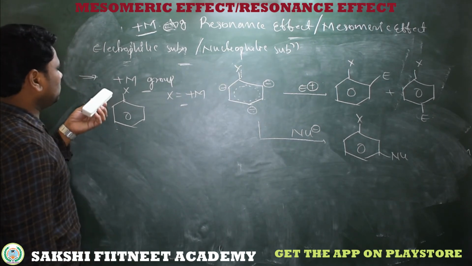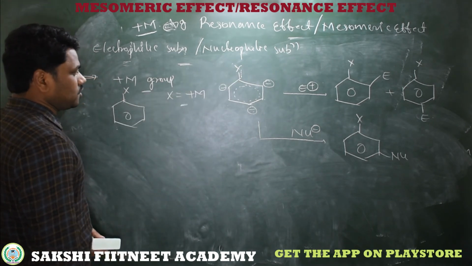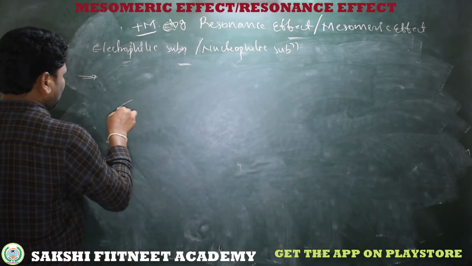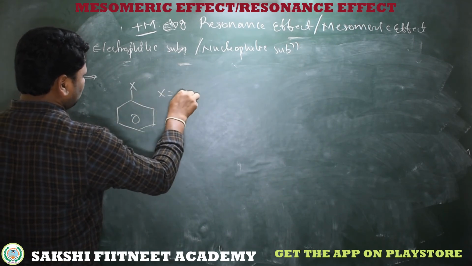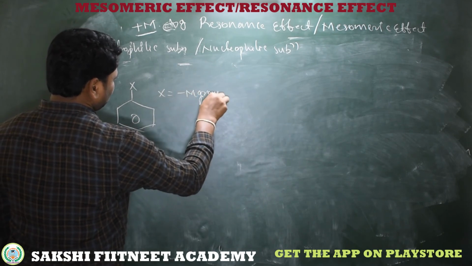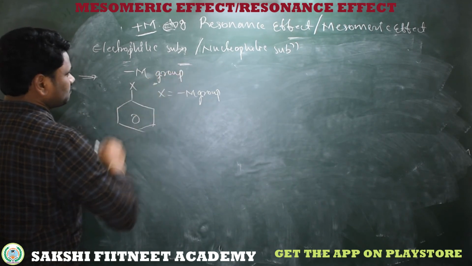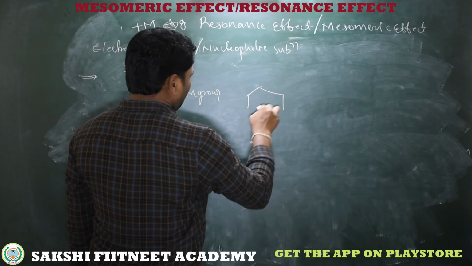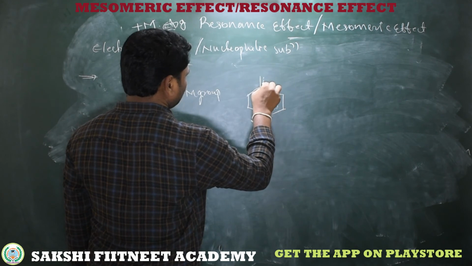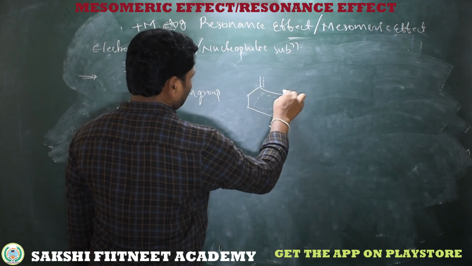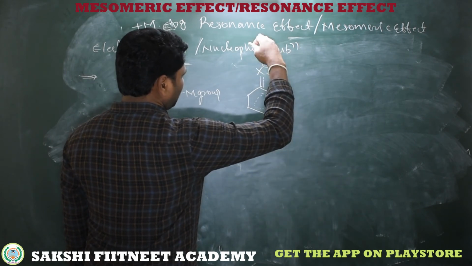Now I am taking benzene in the presence of a minus M group, then we will discuss electrophilic substitution and nucleophilic substitution. I am taking the benzene ring with a minus M group, so here X equals a minus M group, that is an electron withdrawing group. So we know on resonance we get a hybrid structure, where electrons are coming outside based on the group.